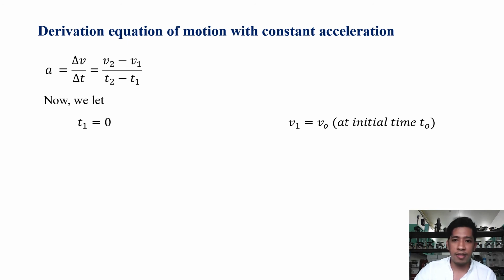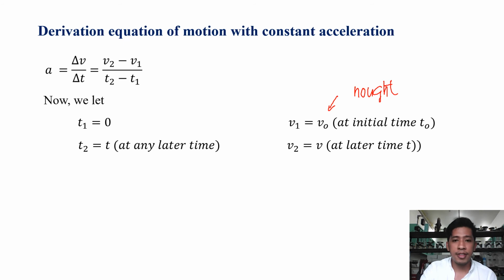This one here is read as v naught. We also let your time t2 equal t to refer to any time later. And if that is the case, at any time later, your v2 is equal to v.